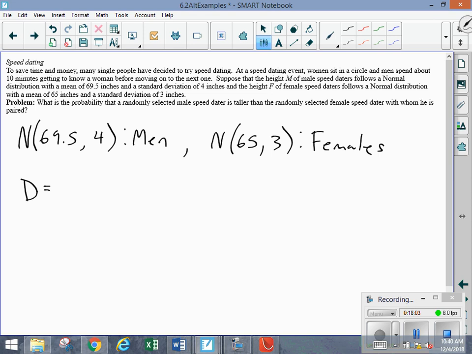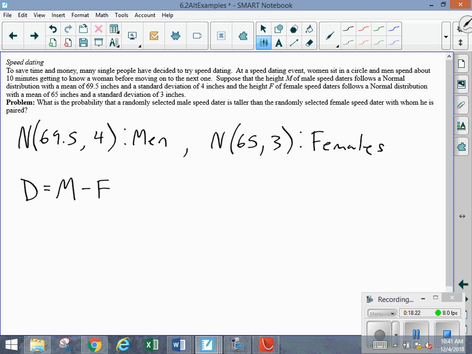So the difference of their heights is what we need to look at, right? Just so we don't wind up with a negative number, let's go male minus female.